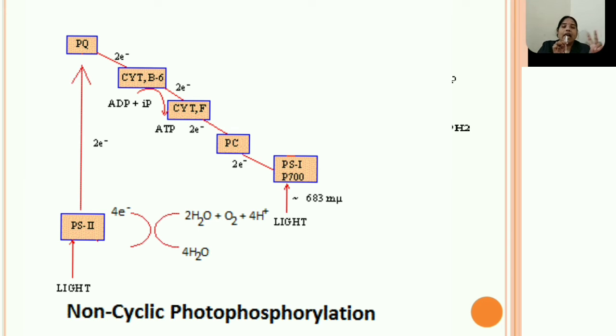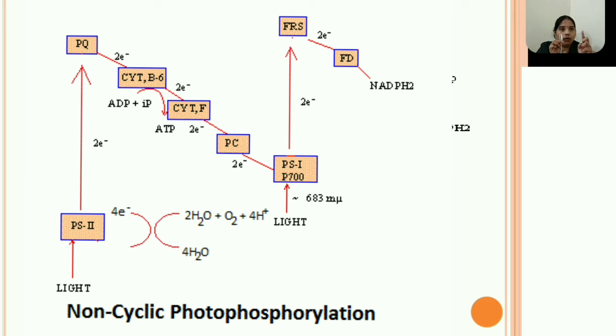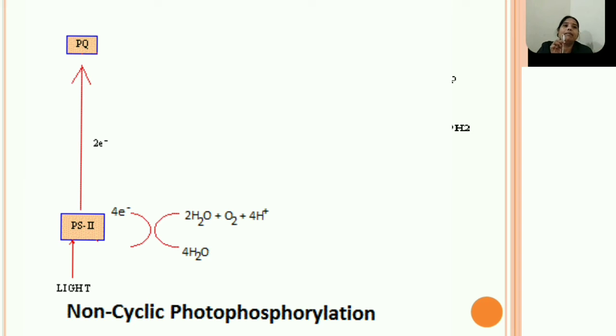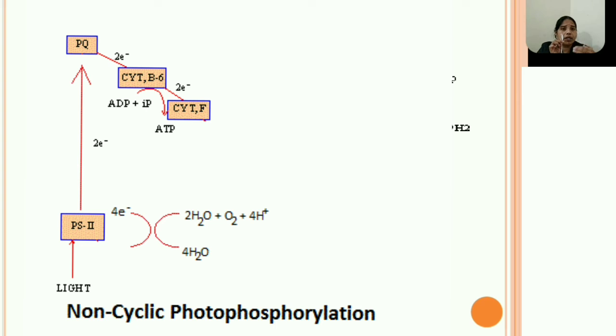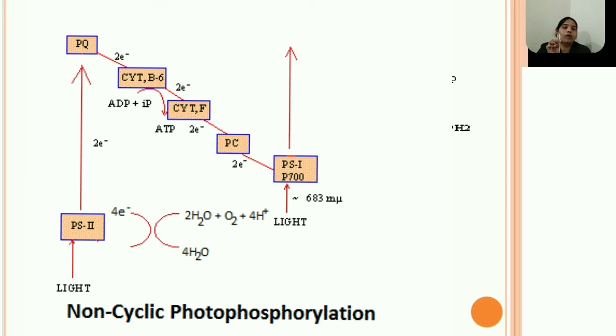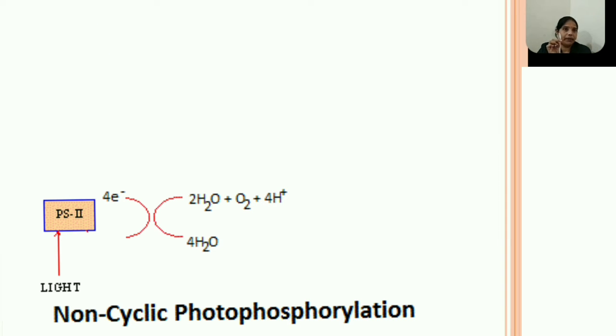The thylakoid is made of a lipid bilayer, so NADP reductase is on the outer lipid membrane, while photolysis of water takes place on the inner lipid membrane, in the lumen of the thylakoid.